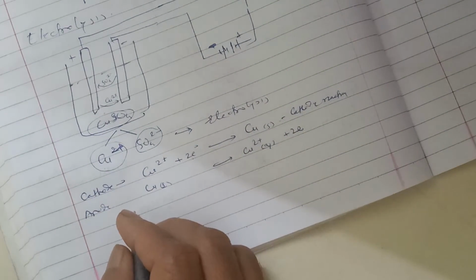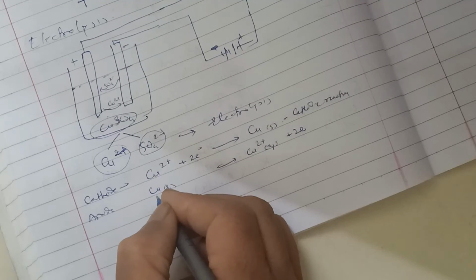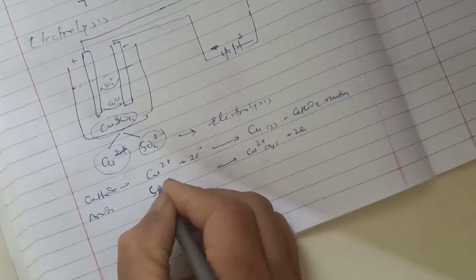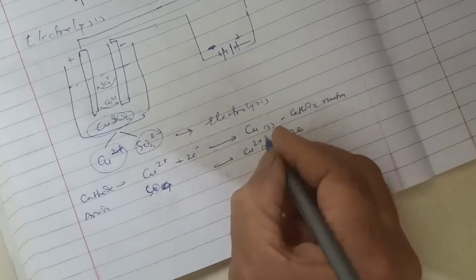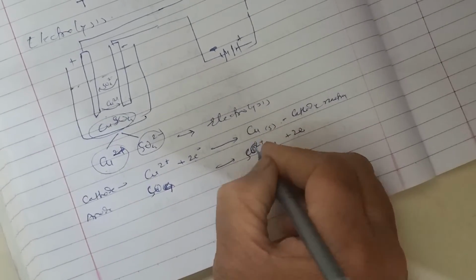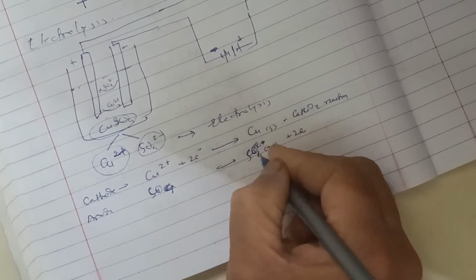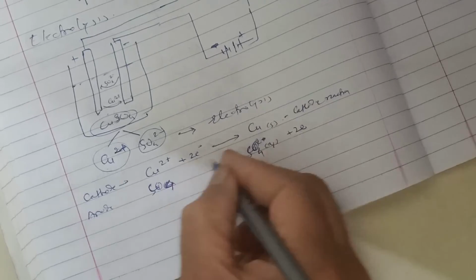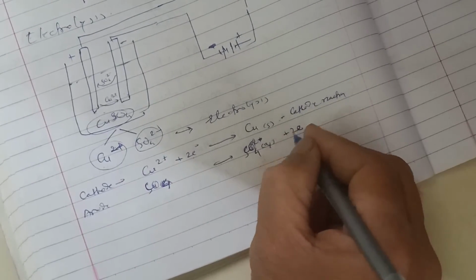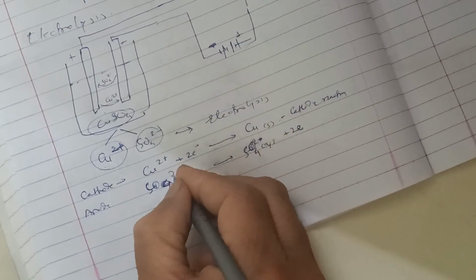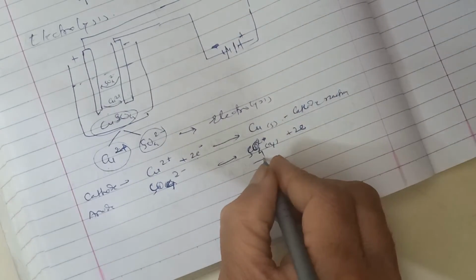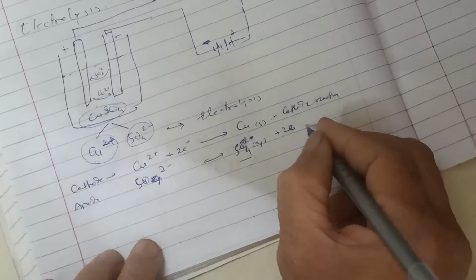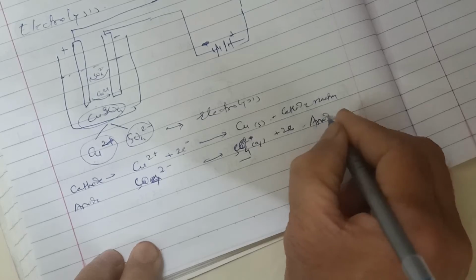At the anode, this SO4 loses two electrons. So it depends on the anode. This is known as the anode reaction.